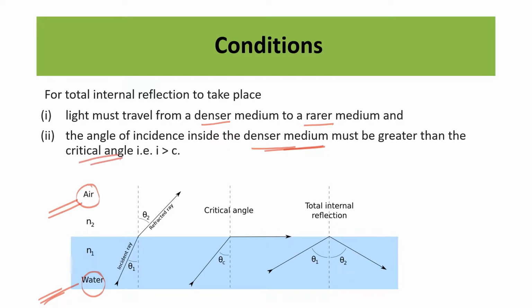This is the second condition. At critical angle, we know the refracted ray just grazes the surface of separation. If you increase this angle of incidence greater than the critical angle, then total internal reflection occurs. Instead of refraction, the entire ray is reflected back to the same medium.